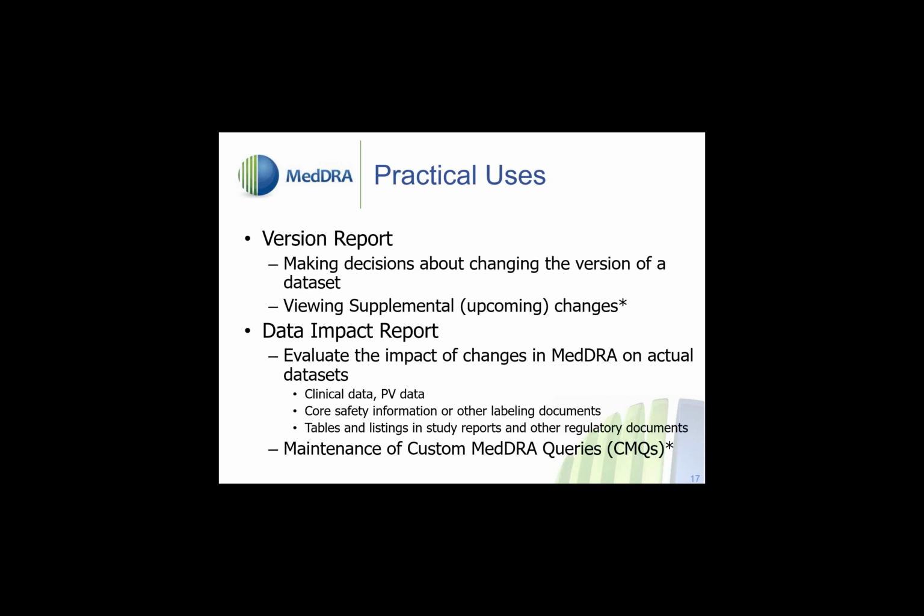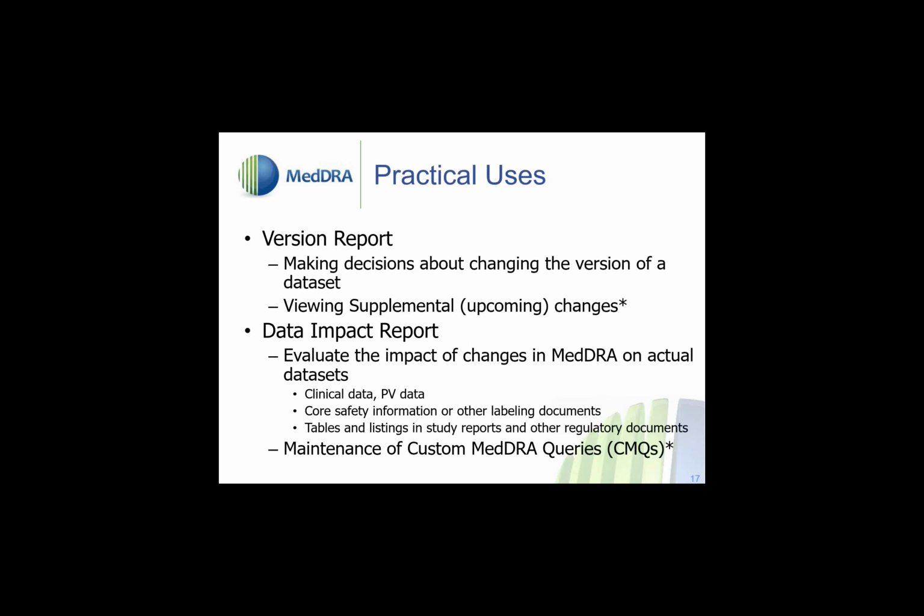Many of you who may be responsible for downloading the files that come out with each release of MedDRA have probably seen the version report included in that file deck. This version report actually will create the same report, but instead of comparing the current release to the new release, it will allow you to decide which versions of MedDRA you want to compare.